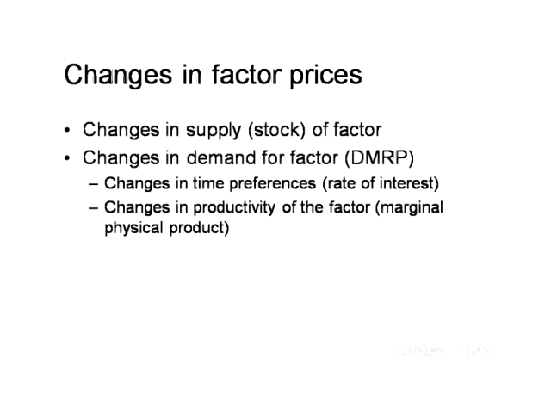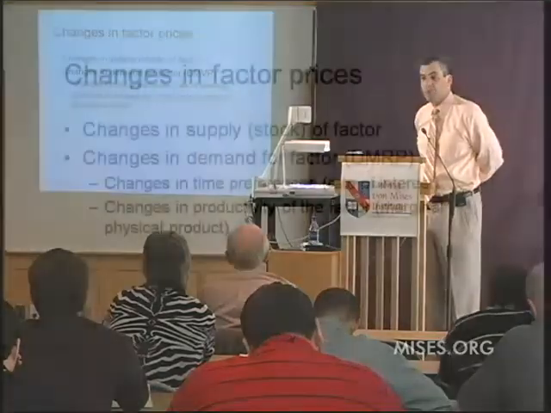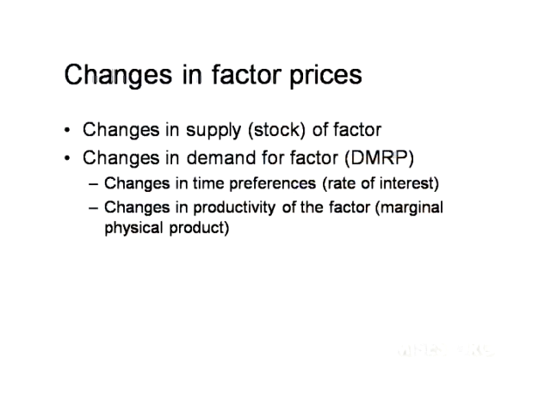We can imagine that the available supply or stock of a factor of production increases or decreases. We can shift that vertical supply curve to the left or the right. We can imagine that the marginal revenue product of the factor changes because of a change in people's time preferences affecting the rate of interest, or because of changes in the physical productivity of the factor, depending on the availabilities of complementary factors and so on. Let's look at a few examples.